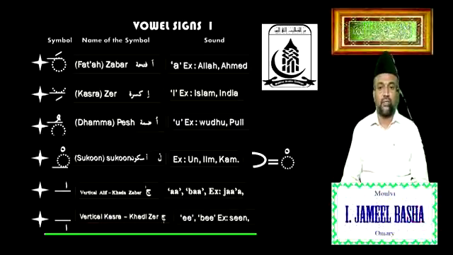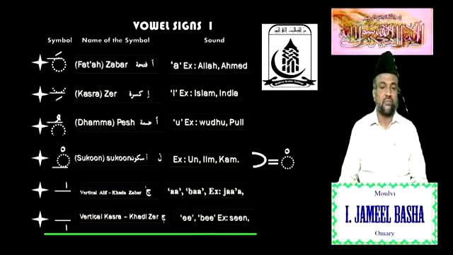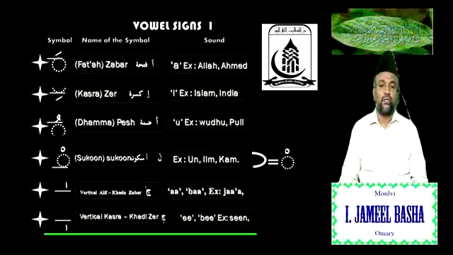E is simple kasra, and if this vertical kasra is there, you have to read it as long E. If it is found under ba, it will become bee. If it is found under fa, it will become fee. Only kasra is fi, vertical kasra is fee.